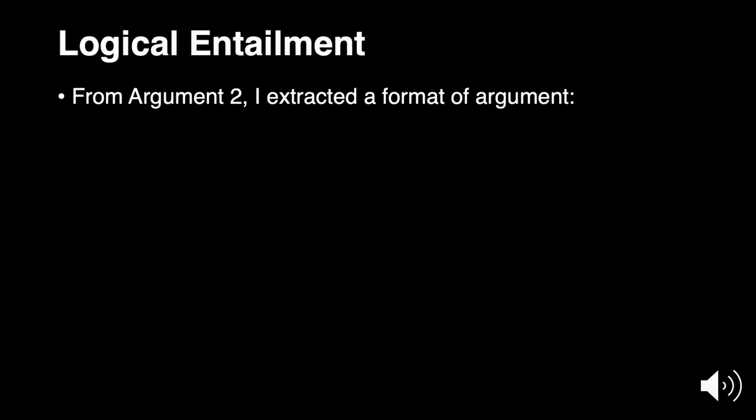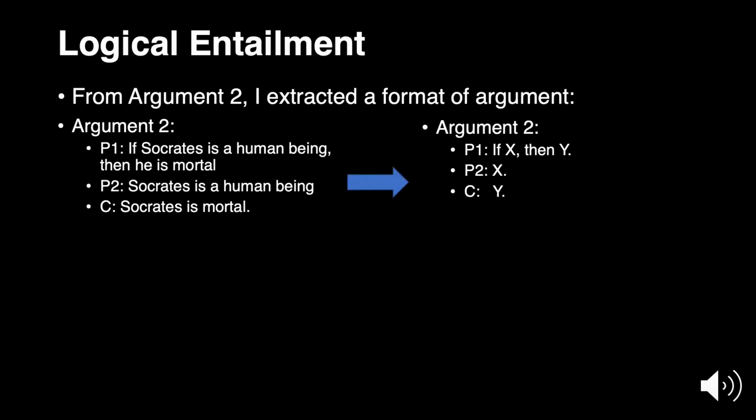Now, from argument 2, I extracted a formal argument like this. So, Socrates is a human being is now substituted by x on the right, and the sentence Socrates is mortal is substituted by y in the argument on the right.